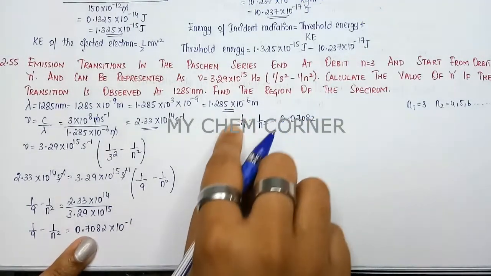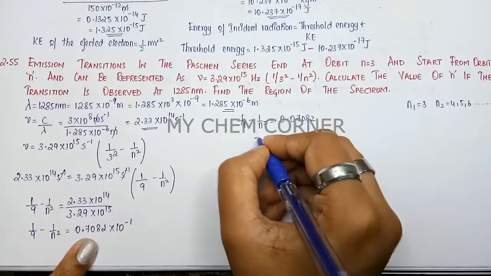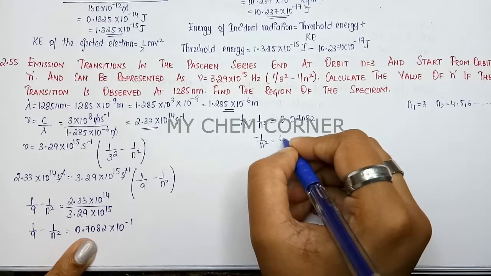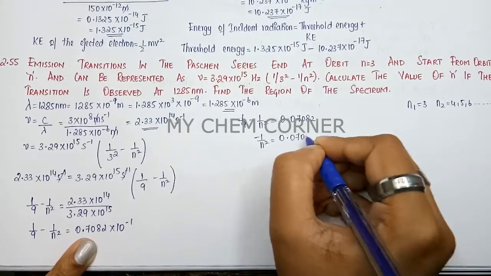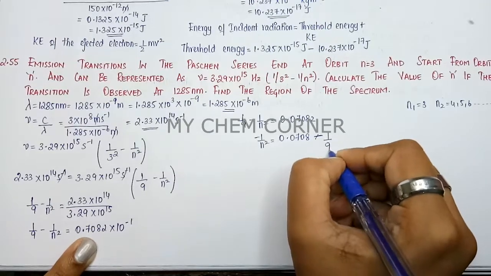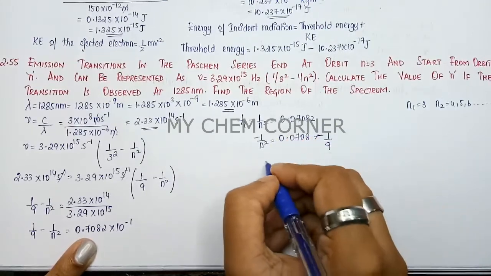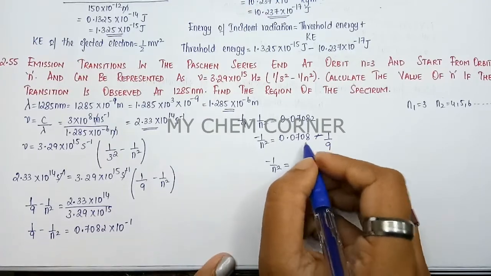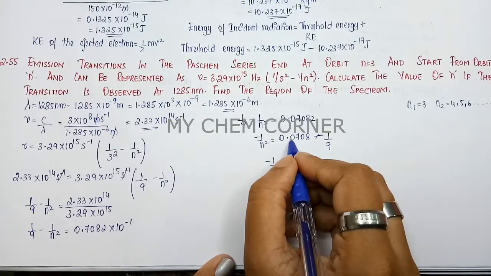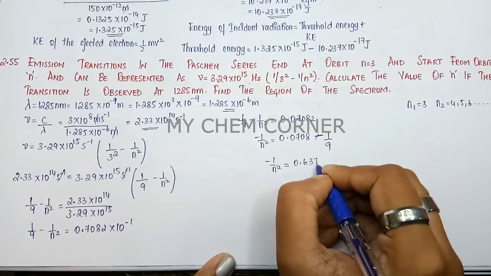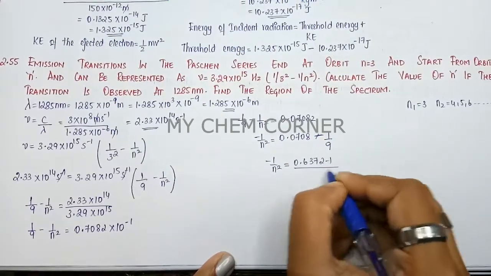Now I'll take the number on the right hand side. So this will become 1 by n square equals 0.0708 minus 1 by 9. I'll take the simple LCM method here. So this will become minus 1 by n square; 9 into this will give you 0.6372 minus 1, divided by 9.